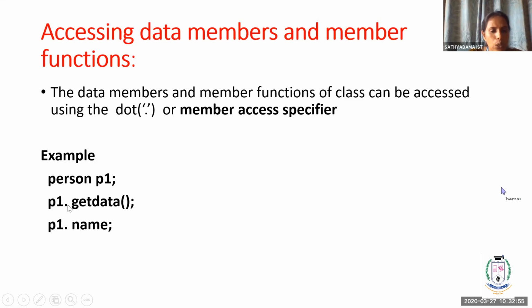So using P1 dot getData, the meaning is that using this P1 object, we are able to access the getData function. In a similar way, using this P1 object, we can access the name data member. So the dot operator, also called the member access specifier, is used to access the members of the class. That is the meaning of this member access specifier.